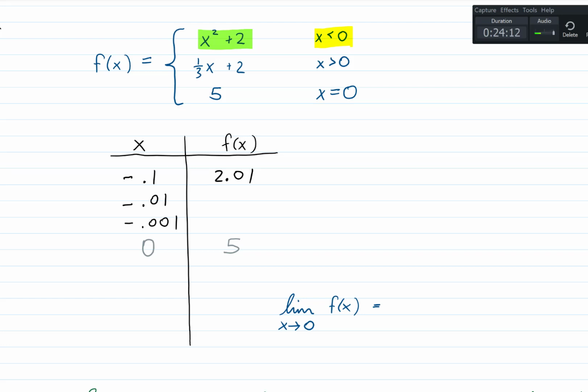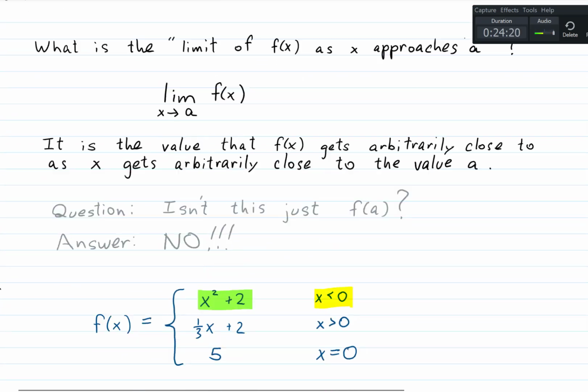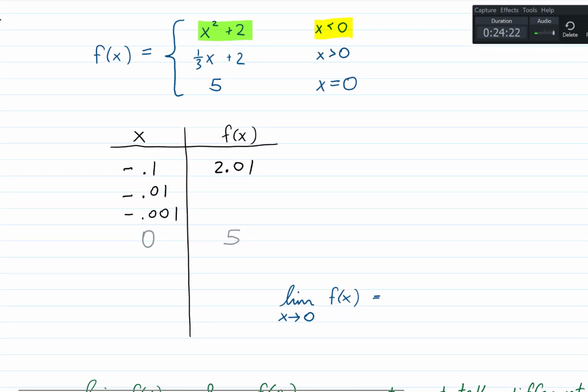Okay, now let's plug in negative 0.01, and I get a y value of 2.001.